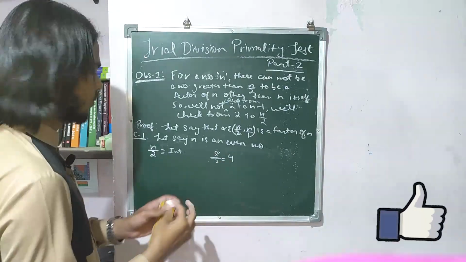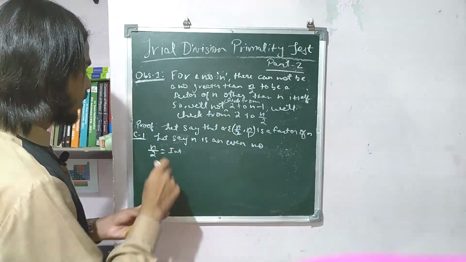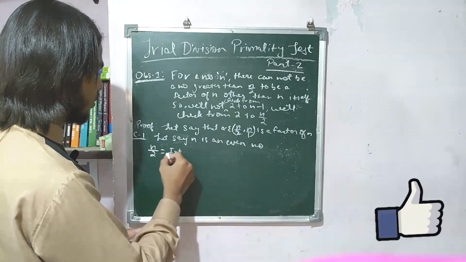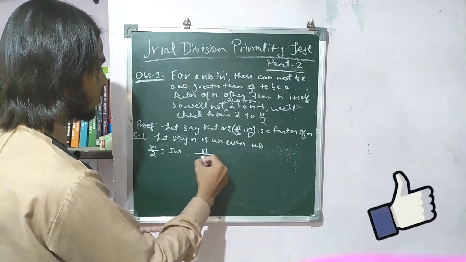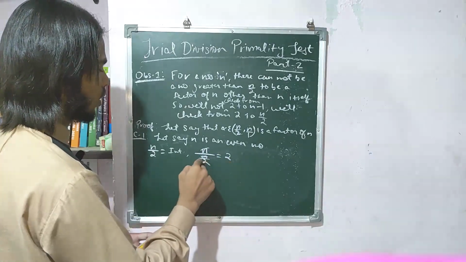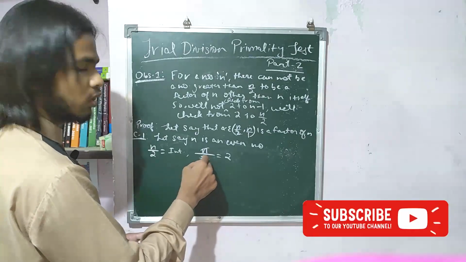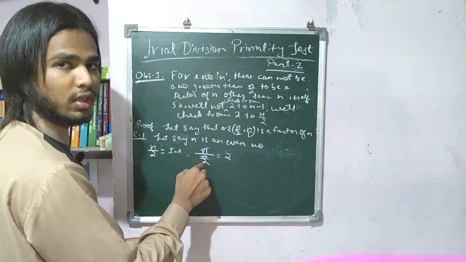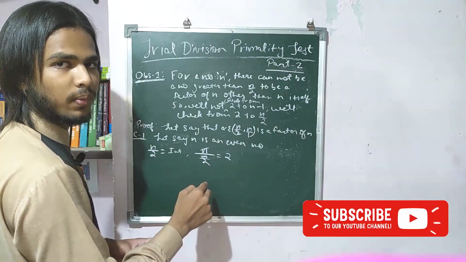This is some integer. That means n by 2 is an integer. So when we divide n with n by 2, we will get 2. Here the divisor is also an integer, and the quotient is also coming out to be an integer.